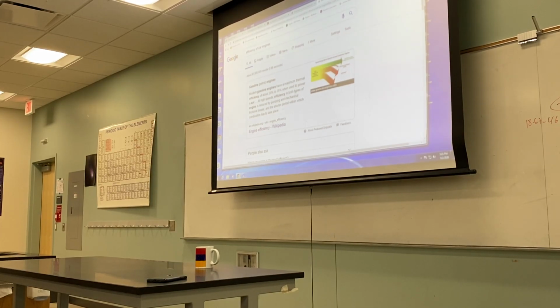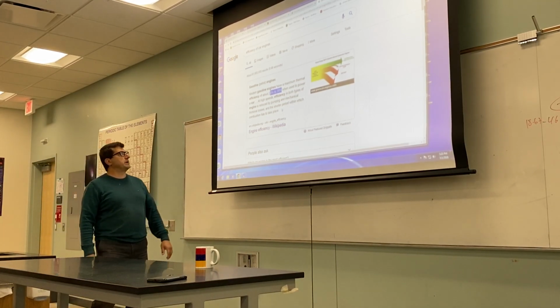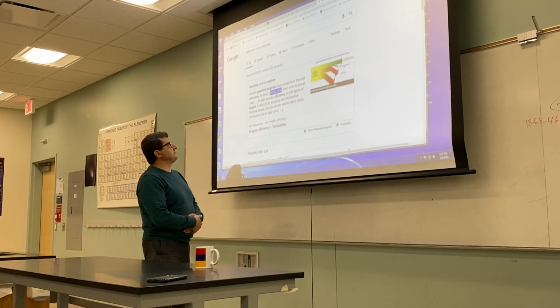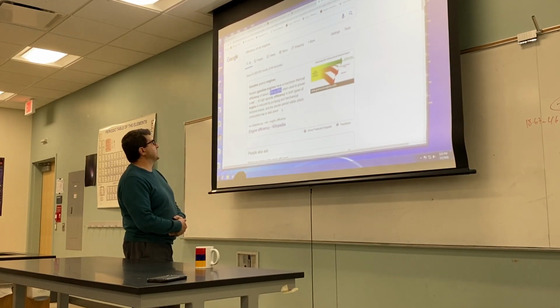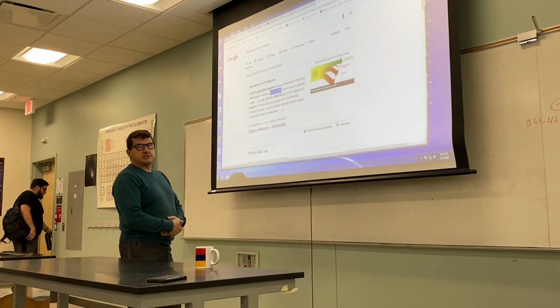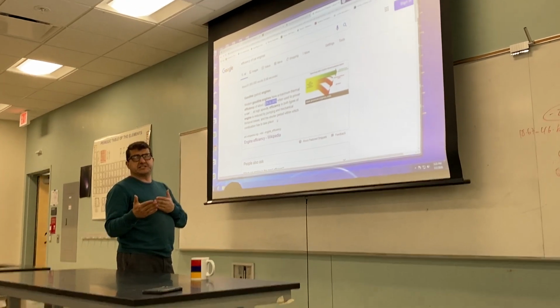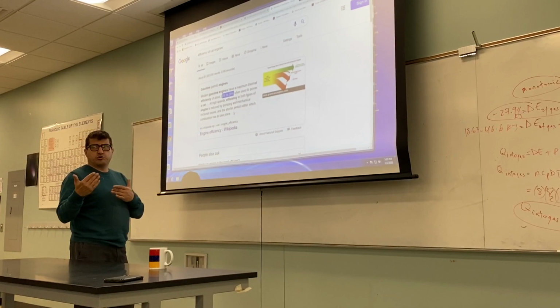The modern gasoline engines have a maximum thermal efficiency of about 20% to 35%. Okay, 20% to 35% when used to power a car. At high speeds, efficiency in both types of engine is reduced by pumping and mechanical friction losses. So if you're driving at 60 versus 80, your efficiency goes down at 80.